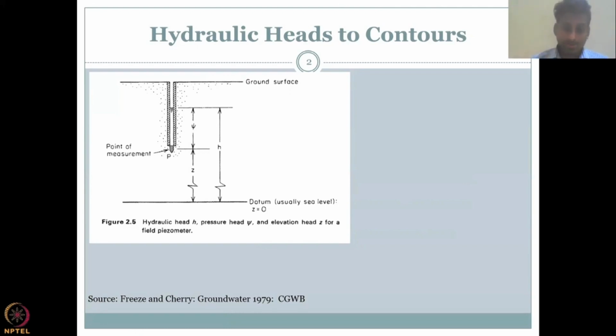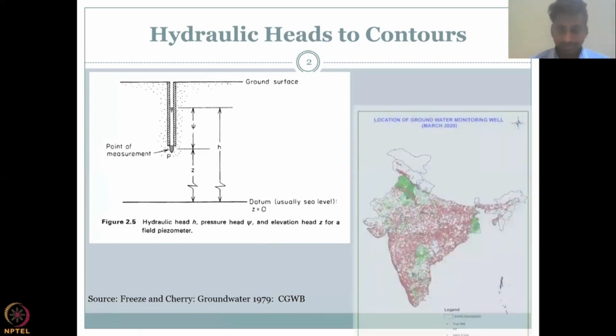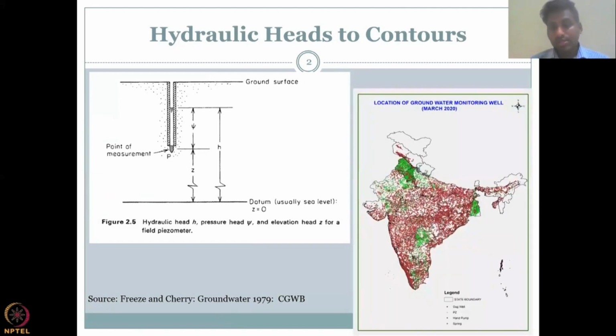Now let's use this. For example, the most important groundwater monitoring body in India is the Central Groundwater Board, which monitors around 50,000 wells across India. You could see the distribution of the wells across India, and most of it is present in high groundwater extraction regions, so that we could quantify the groundwater use and also management practices can be made.